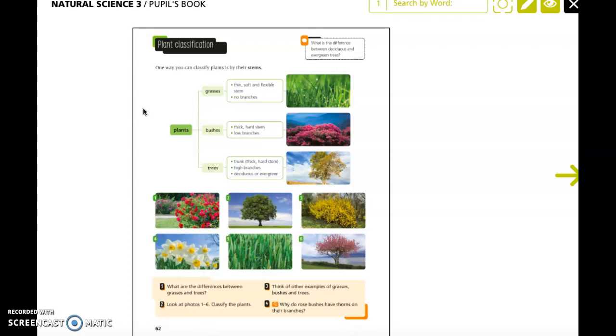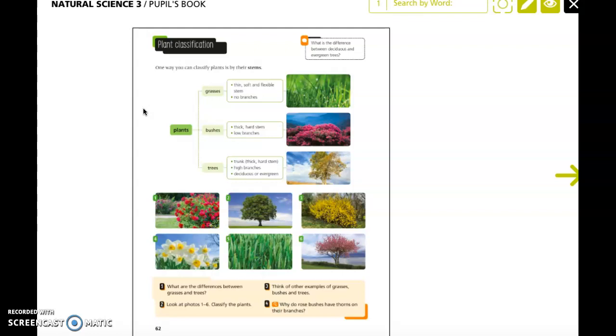So first we will start here on page 62, and I will read some of the important parts in the chapter about plants. So first we have grasses, bushes, and trees. Remember that grasses are thin, soft, and flexible stems, and they don't have any branches, no branches at all.